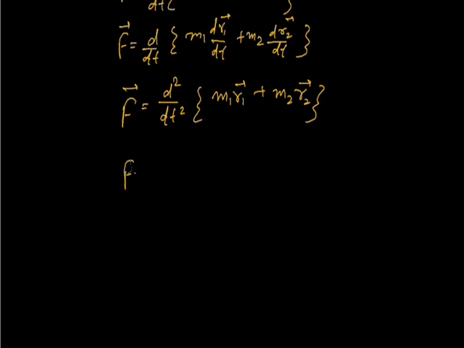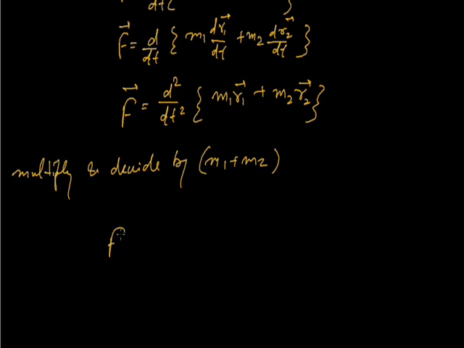Then for F vector, we multiply and divide both sides by the total mass of the system, m1 plus m2.